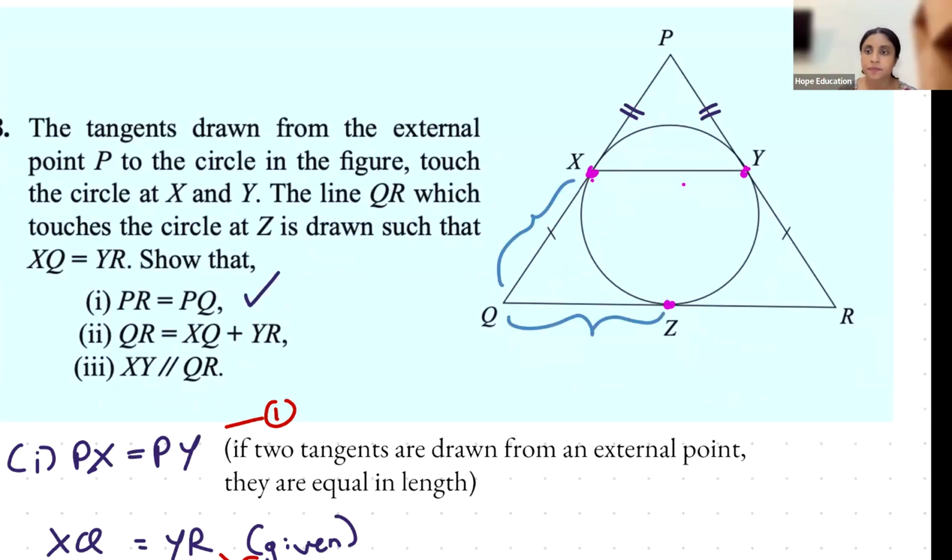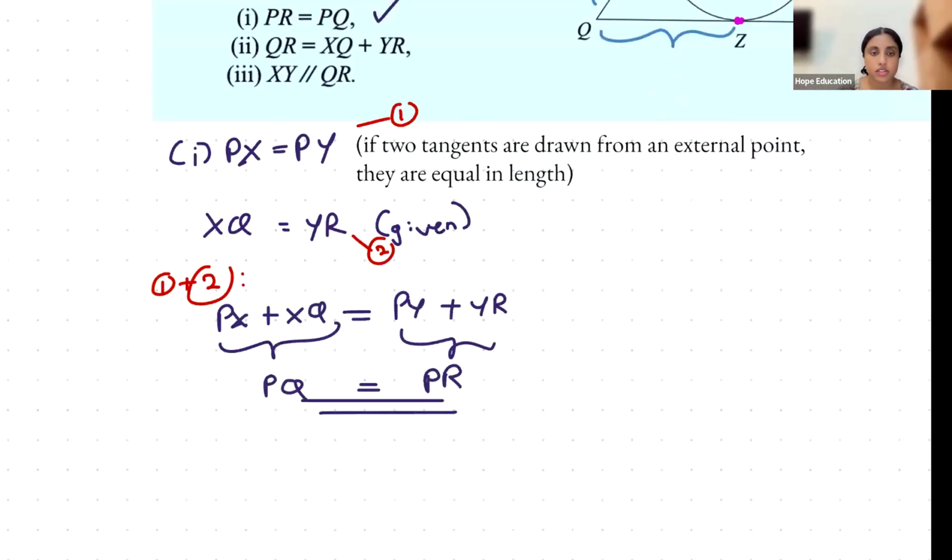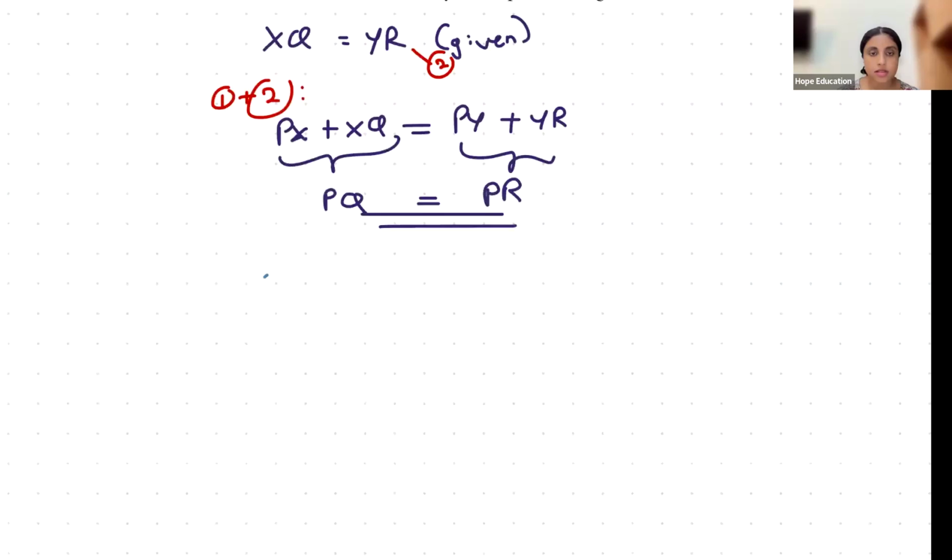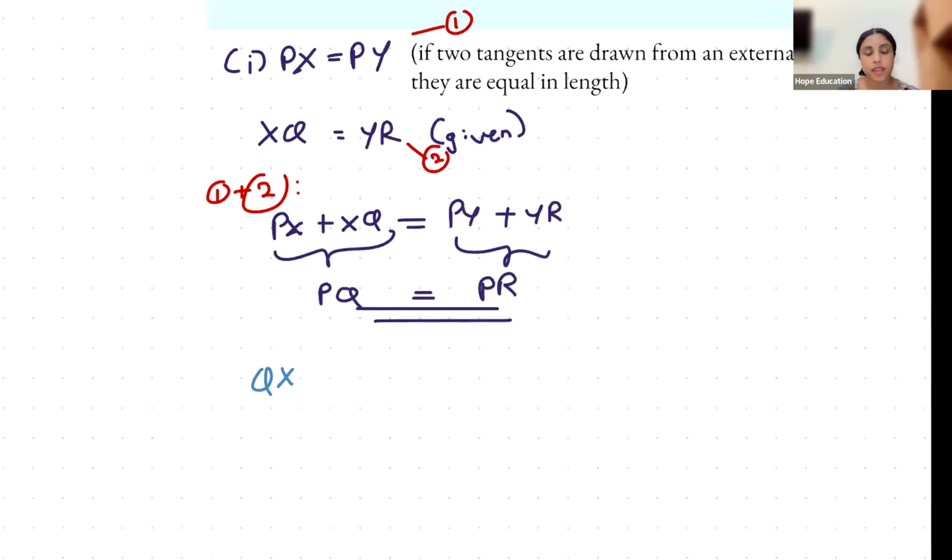Is it clear? QX and QZ would be equal. Others, give me a thumbs up. QX would be equal to QZ. So XQ equals QZ.